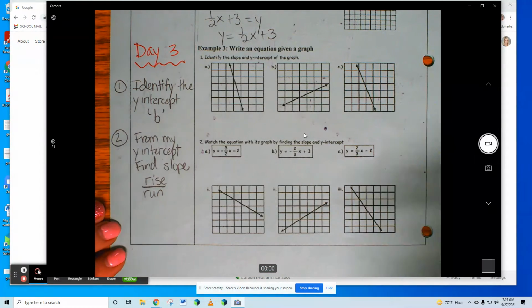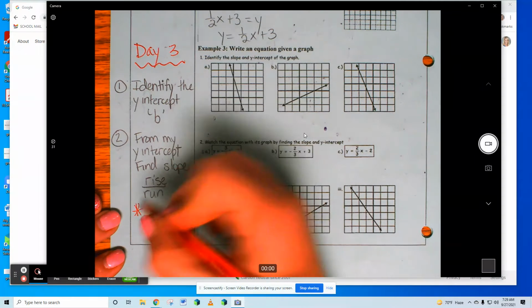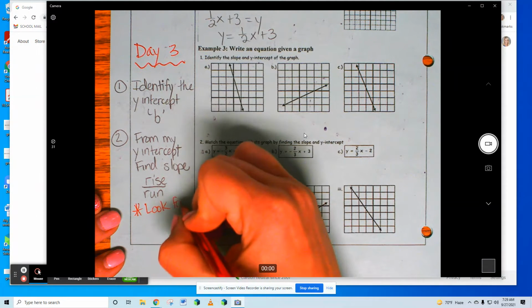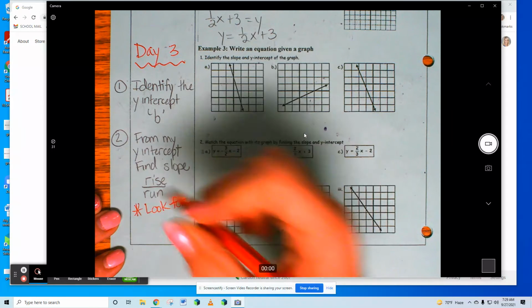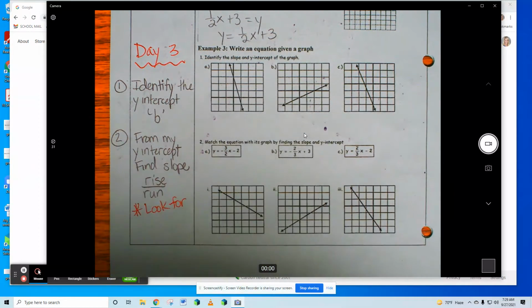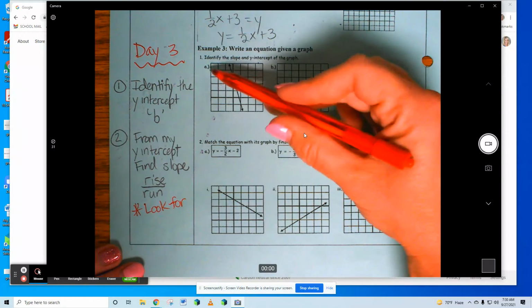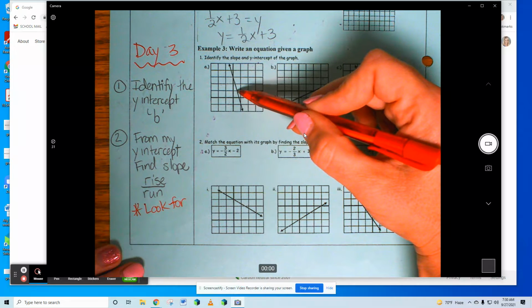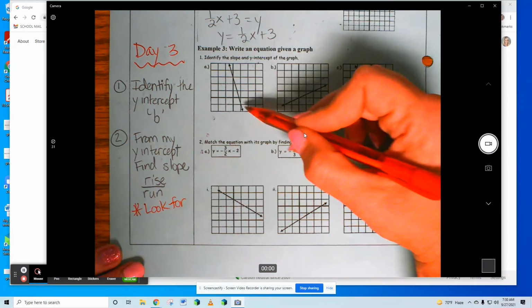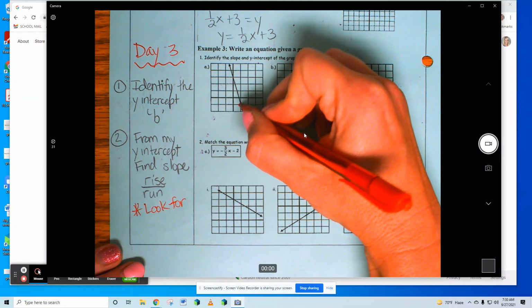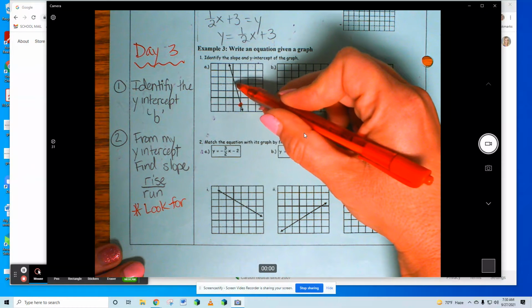I want to give you something really important. If I'm going to have a rise over run and find my slope, I need to rise and run to a spot on my line that's a perfect intersection of a box. I can't randomly pick a point in the middle of a box. We're picking perfect corners. Like this is a perfect corner, and this is a perfect corner.